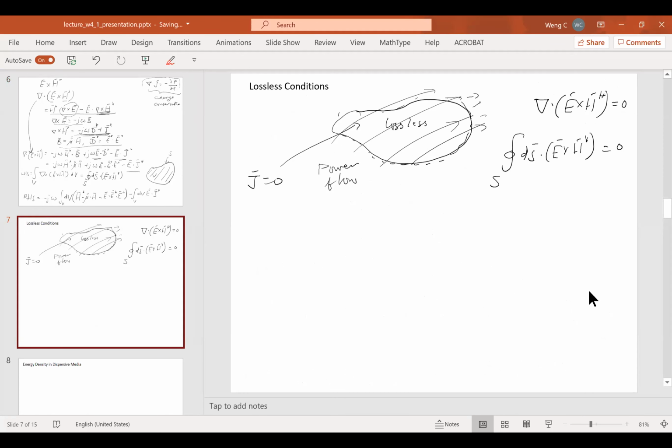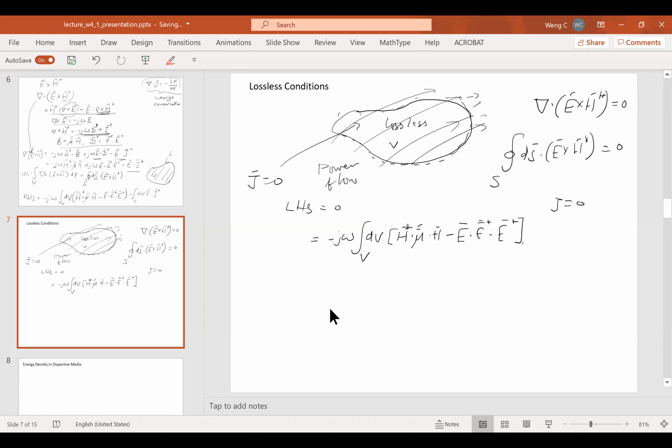So what it says is that the left-hand side is equal to 0, and then must be equal to the right-hand side. The right-hand side is just that integral that we had, minus j omega dv H dot mu dot H star minus E dot epsilon star dot E star, assuming no source inside the volume V. The volume V is lossless.